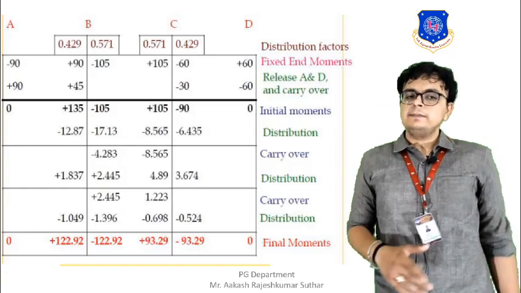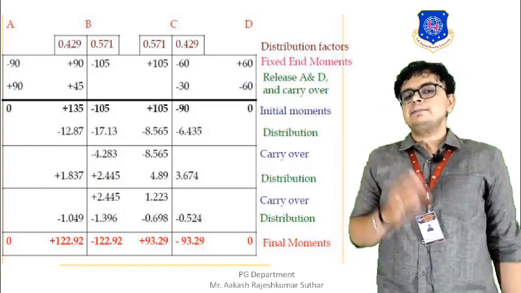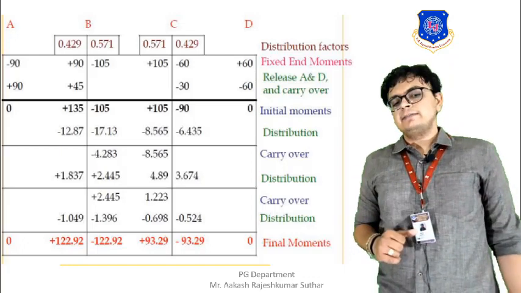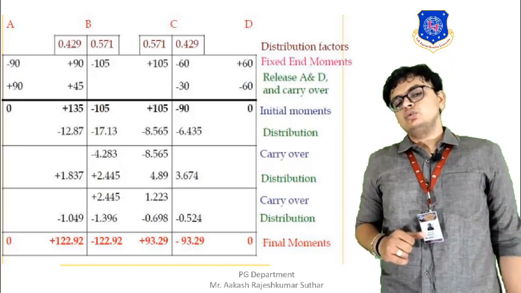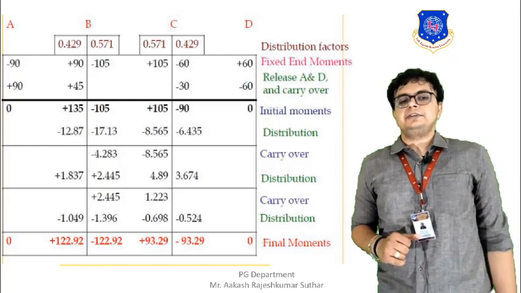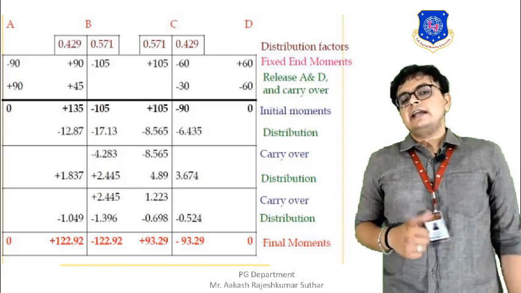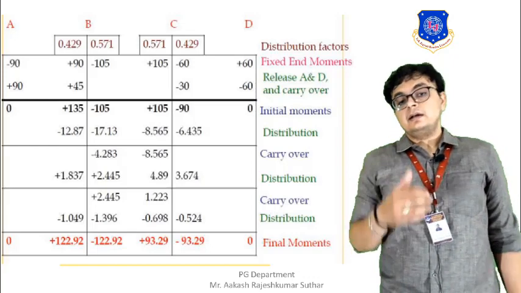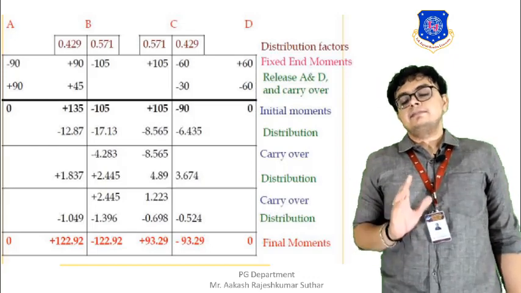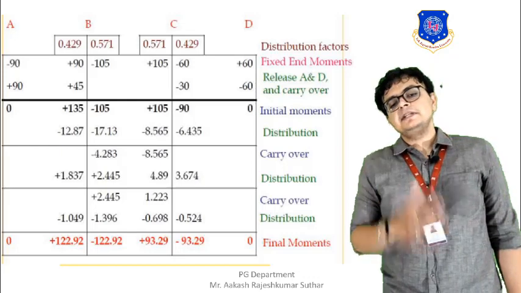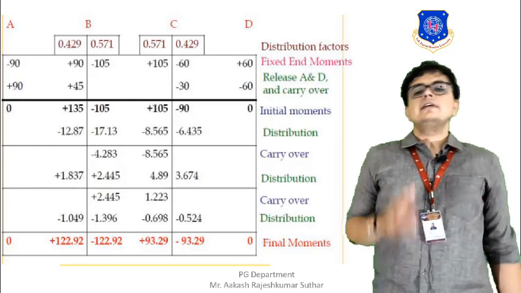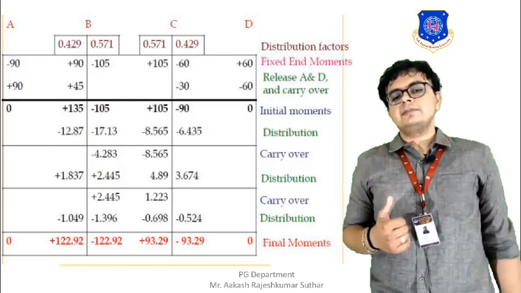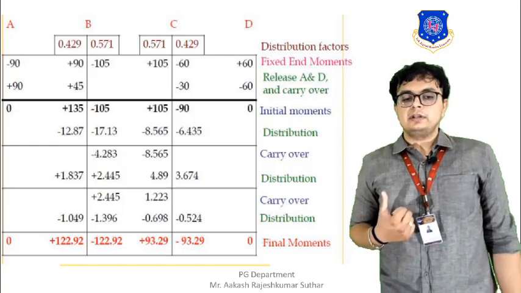At the same time, for the other member of the joint, that is MBC, we are getting minus 122.92. Similarly, at joint C, the final bending moment for CB will be equal to 93.29, and for CD its final moment will be minus 93.29. Okay.